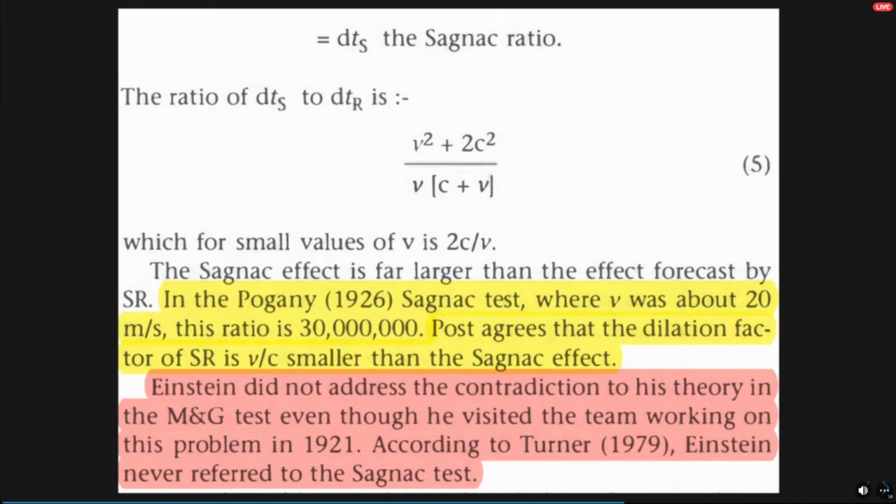So let's see how that plays out. So it is shown here by Pogny in 1926, showing that the special relativity derivation is unable to explain the first order effect of rotational velocity, even though this effect is explicitly stated by Einstein that his equations would hold true in this frame.